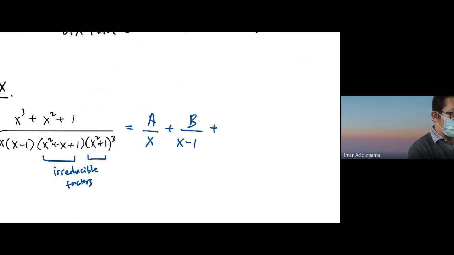So we can write down. And mostly we will have the irreducible factors, that is the quadratic. So this will be a linear on the top and a quadratic on the bottom.